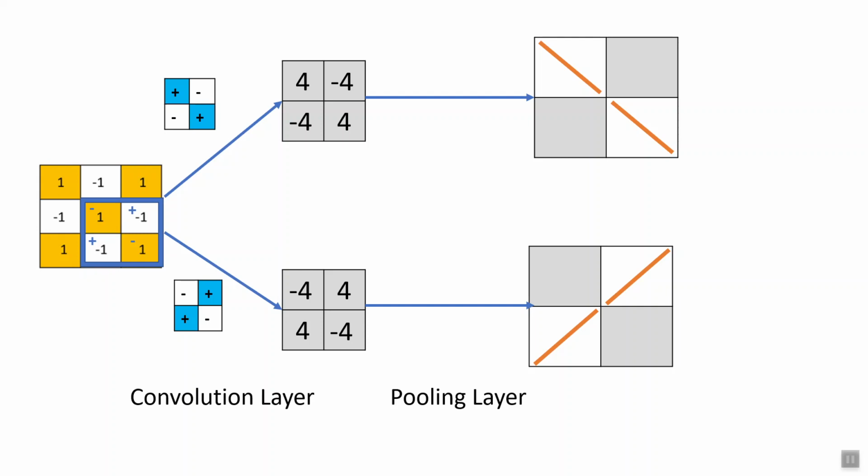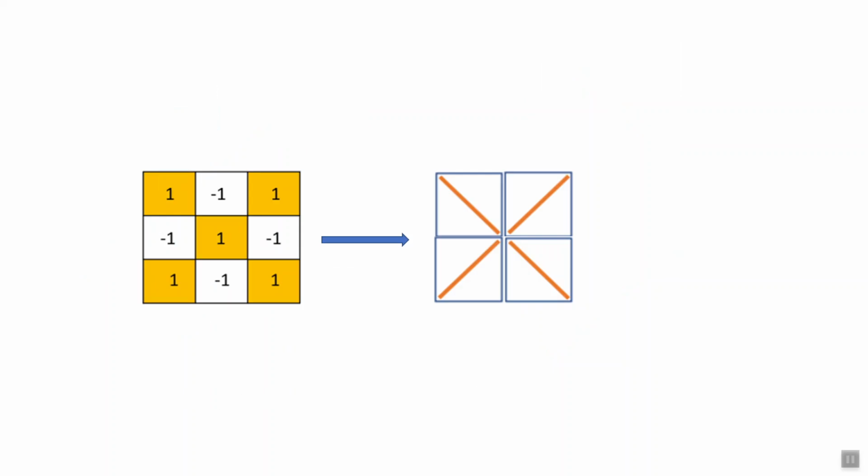If we give that value, it gives a bigger number, and if it is small, then it didn't find anything. According to that, it is used in this pooling layer. So for this image, we will get these values.